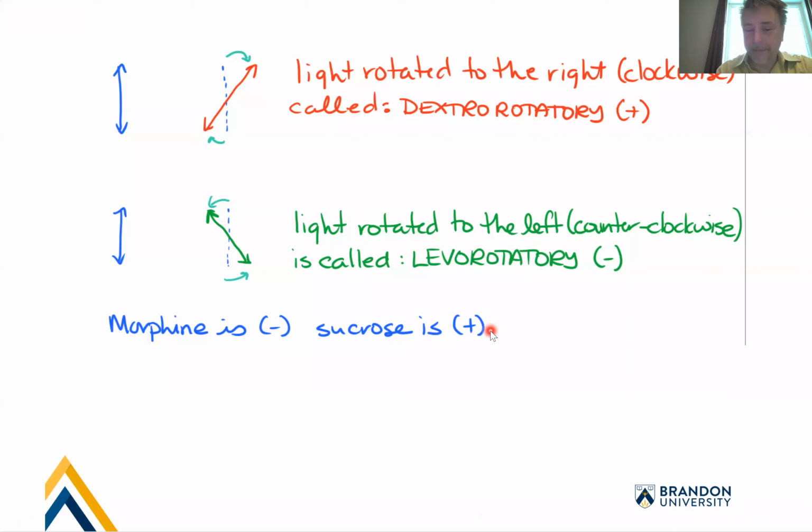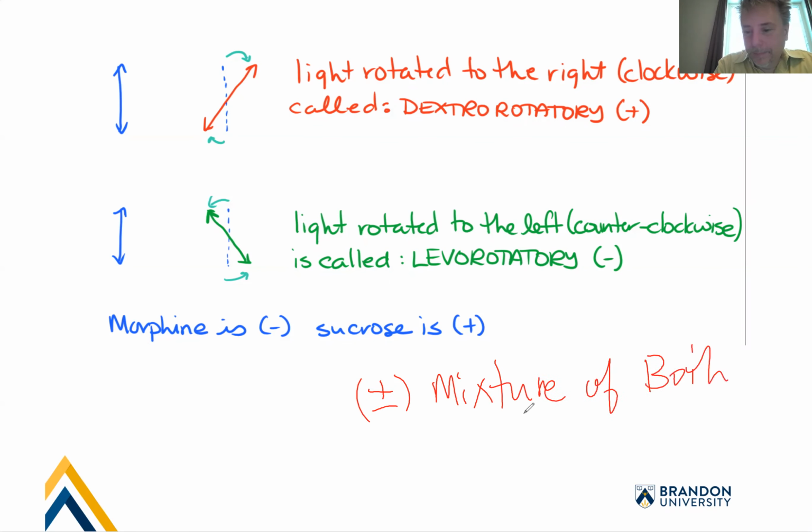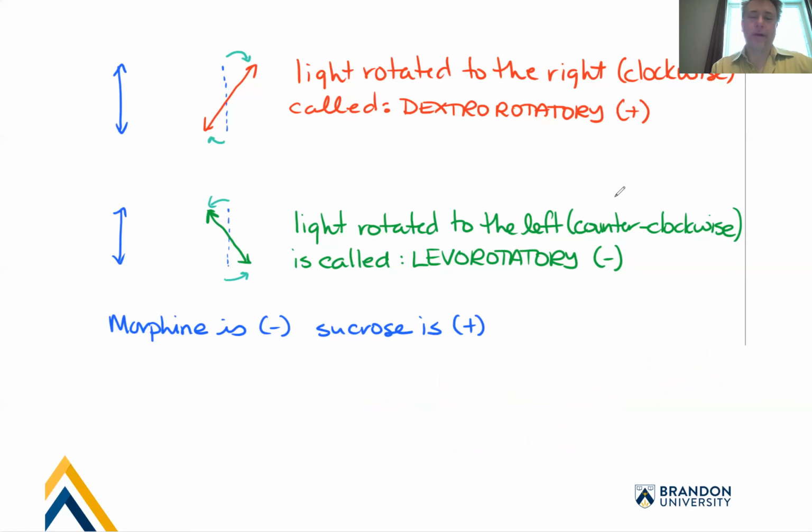If you ever look at a bottle and it has a plus and a minus underneath, that means it's a mixture of both enantiomers. Sometimes it's cheaper to buy a mixture of both, so that's why you would have it. That's basically what you would see if you ever see that on a bottle.